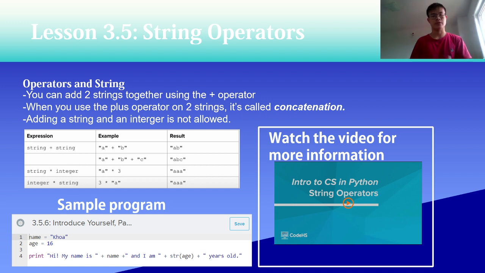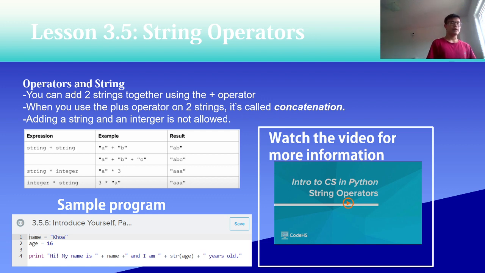So when you have the expression string plus string, for example, the letter A plus letter B, both inside quotation marks, you're going to have the result AB. Or A plus B plus C, you're going to have ABC.